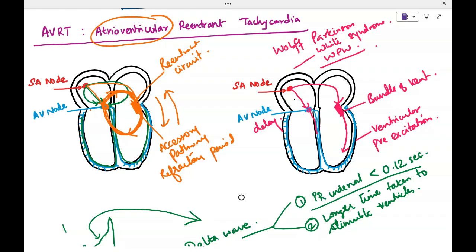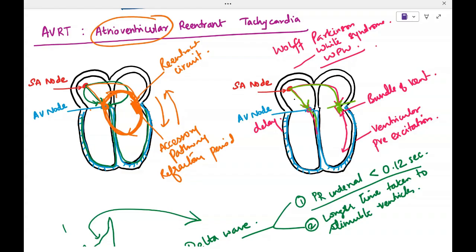Now, when does an AVRT happen? Whenever there is a premature atrial contraction, and at that time the bundle of Kent is in the refractory period. The impulse will come from the SA node to the AV node, and it will also go to the bundle of Kent. But the bundle of Kent is in the refractory period, so it will block it.